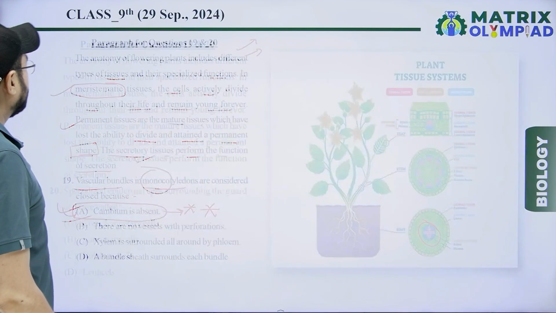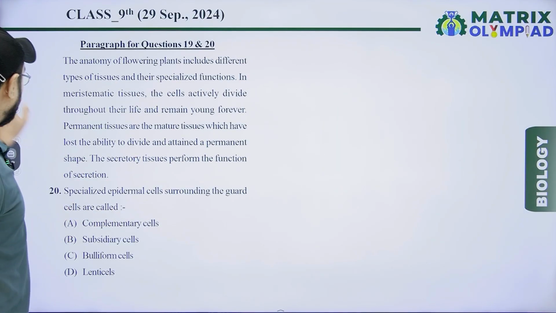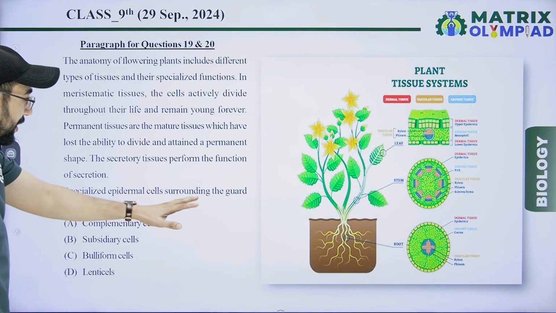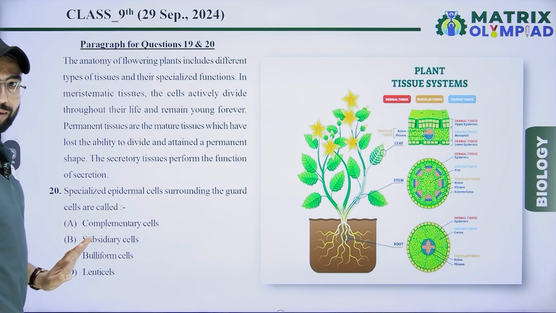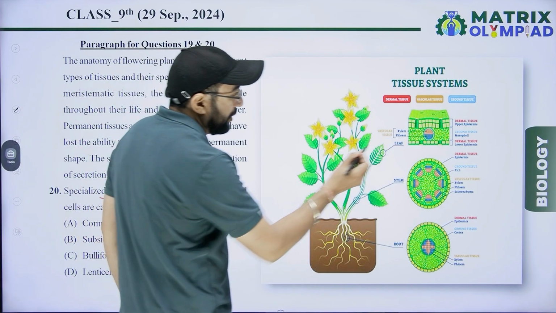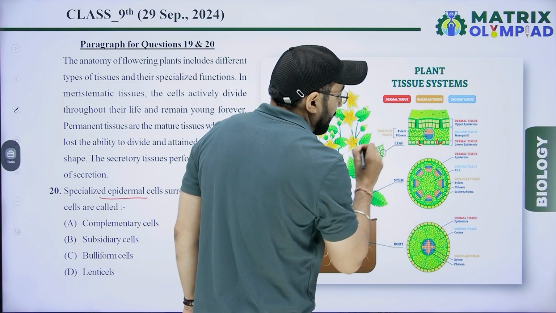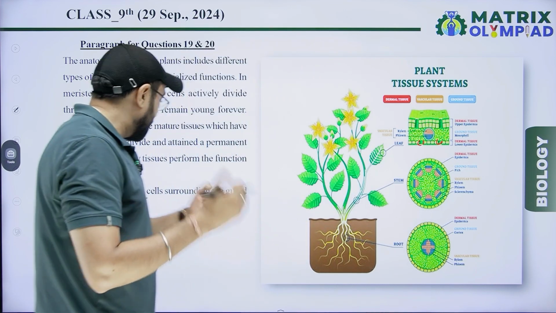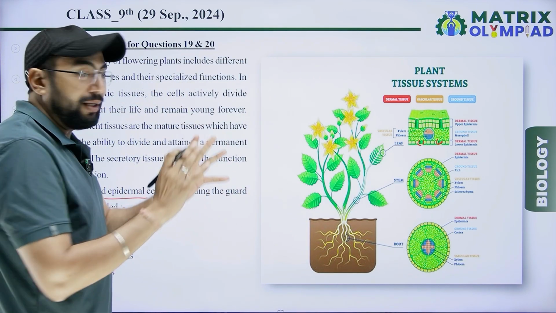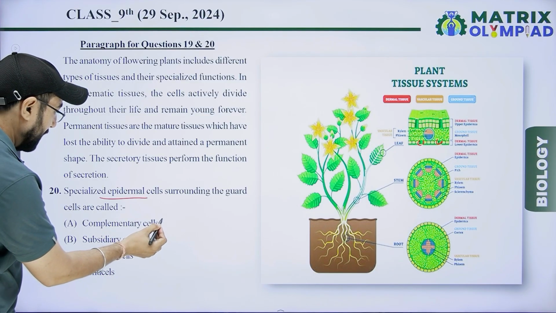Next question is: the specialized epidermal cells surrounding the guard cells are called. Specialized epidermal cells. This one is the stomata, and the special cells surround this structure. Is that a complementary cell?